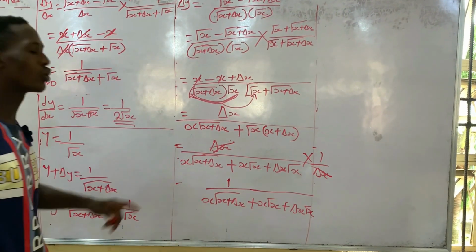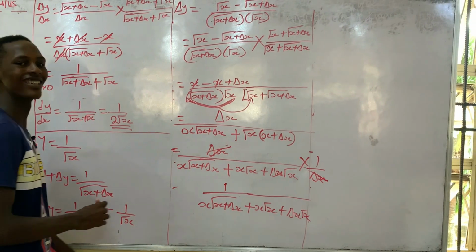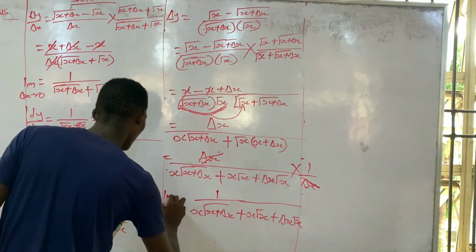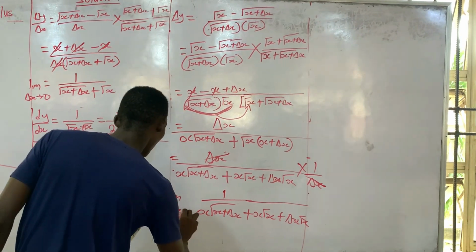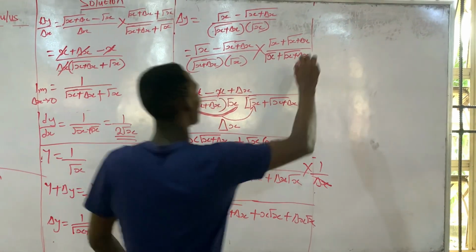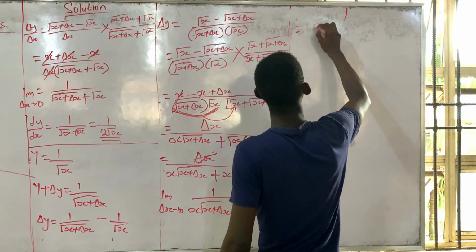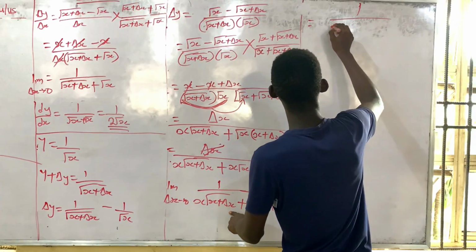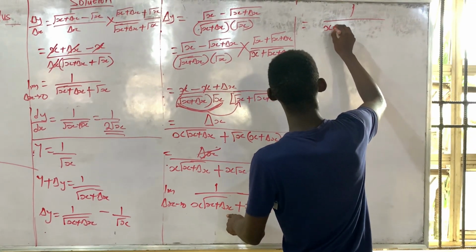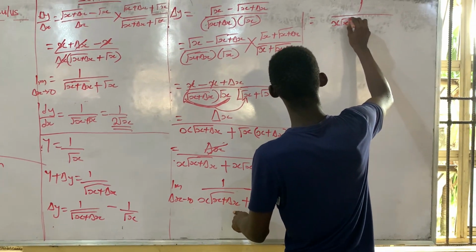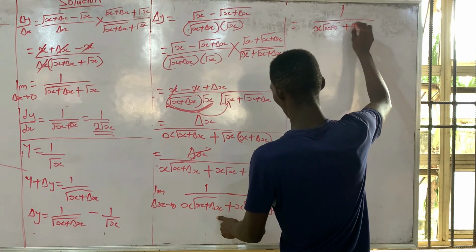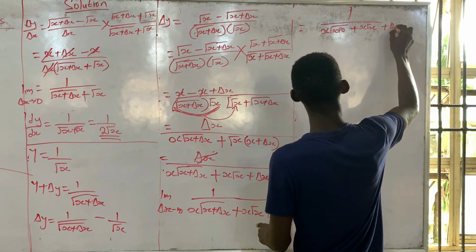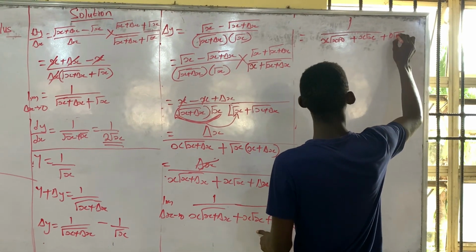Now, as a result of this, what do we do? We limit. So we limit what? Change in x to what? Change in x to 0. Therefore, our answer will be what? 1 over. So if you limit this to 0, that's what? X root x plus 0 plus x root x plus 0 root x.